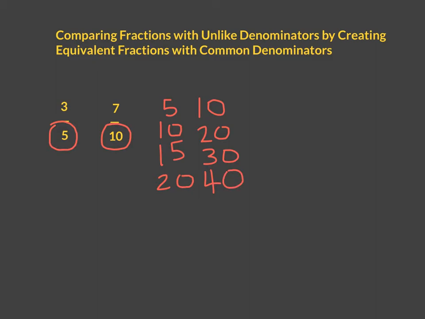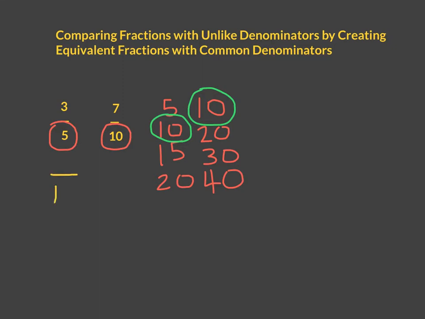As we examine the multiples, we want to find the smallest number that appears on both lists. In this case, that smallest number is 10. Therefore, the least common denominator for 3/5 and 7/10 is 10.